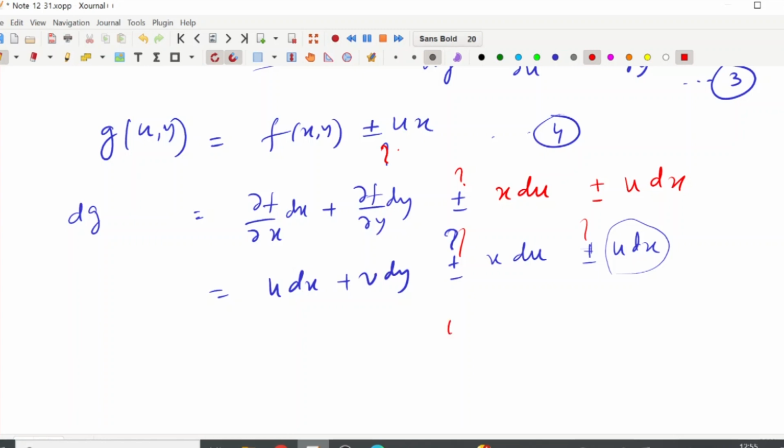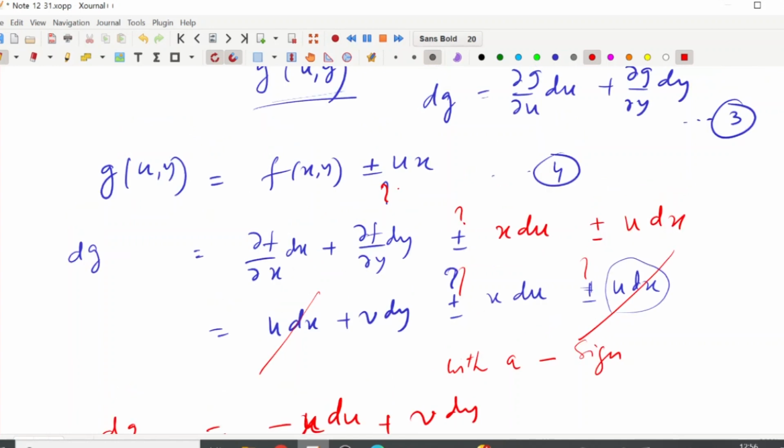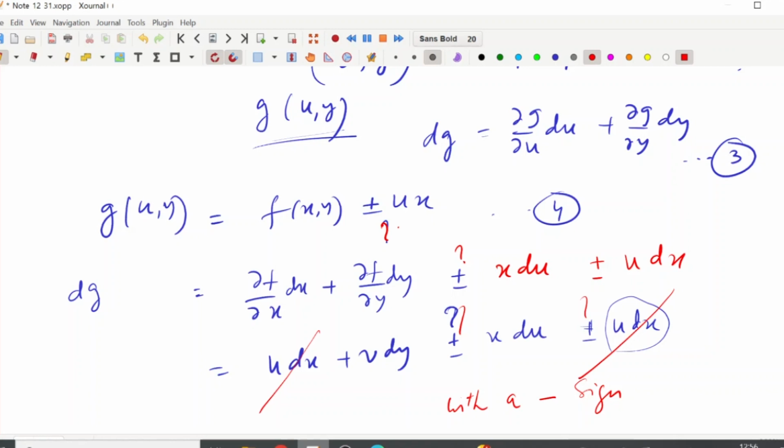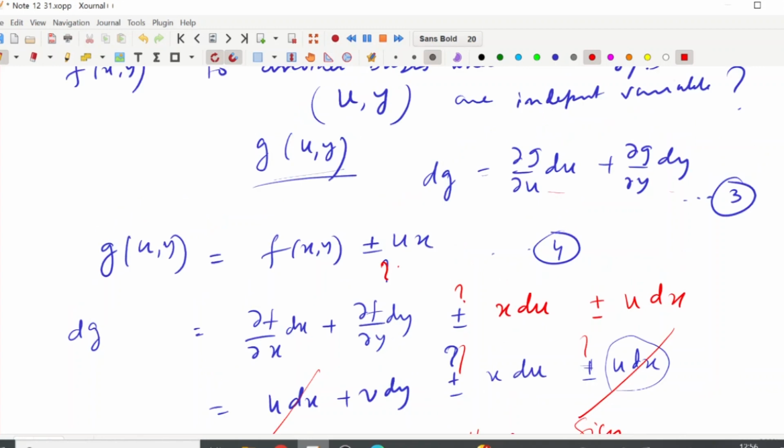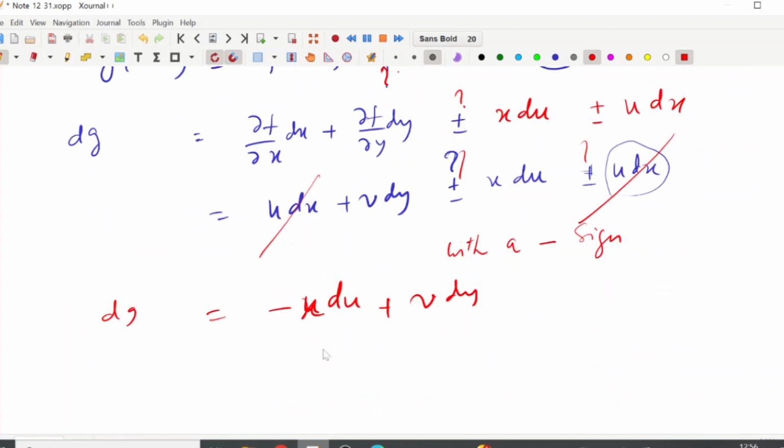So, with a minus sign, this term will cancel with this and we will be landed with minus x du plus v dy, which is exactly what we want, because g is an independent function of u and y. So, it will have du and dy terms, which we will have if we choose a minus sign.